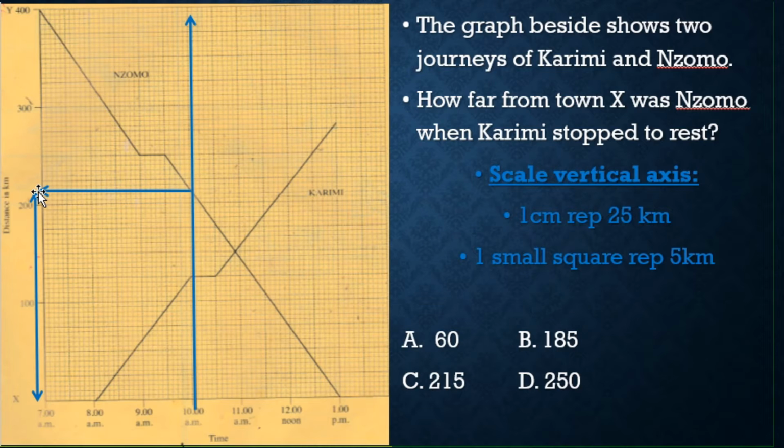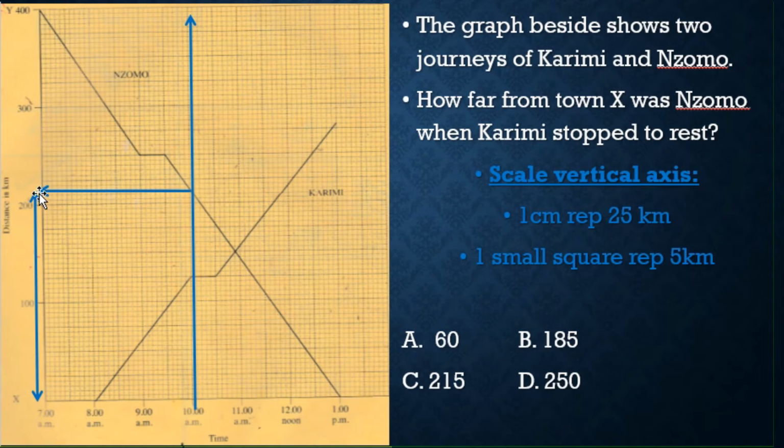And then the final question is, how far from town X? Town X is down here. So when you're at 215 and heading to X, how far are you from town X? It is from 0 to 215, which represents 215 kilometers.